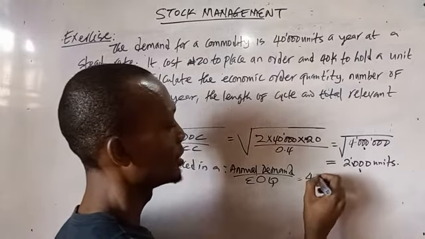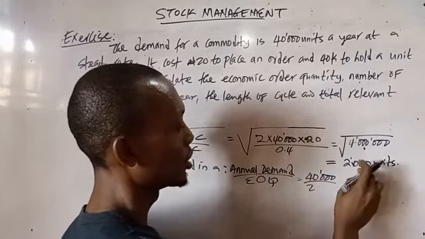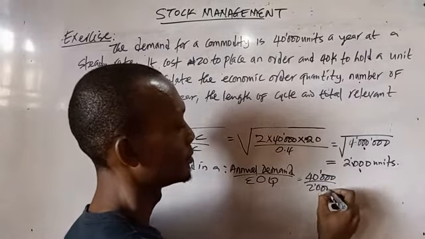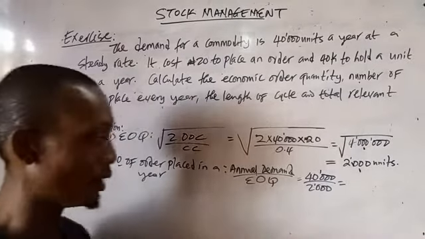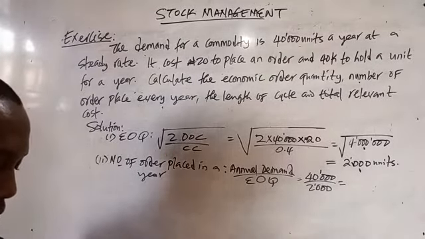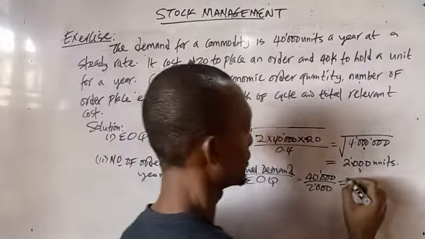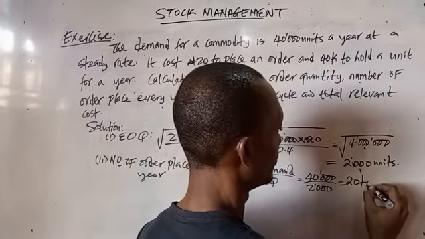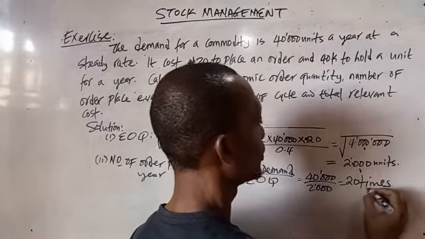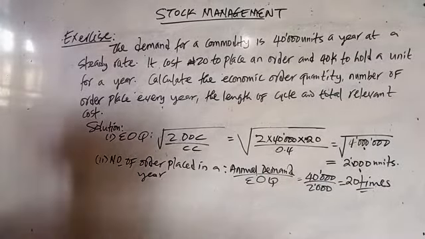Our annual demand is 40,000 units, all over the EOQ computed, 2,000. So we have 40,000 divided by 2,000, which is 20 times. So the number of orders in a year is 20. We place orders 20 times.